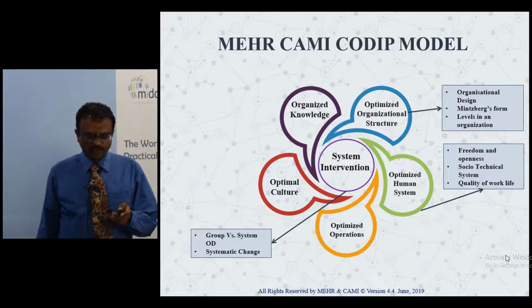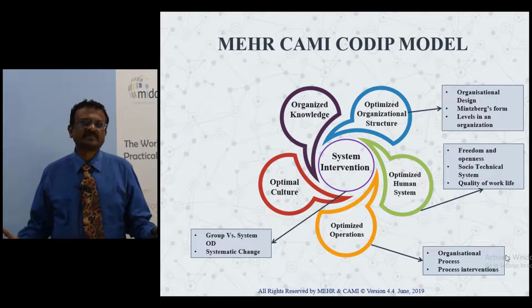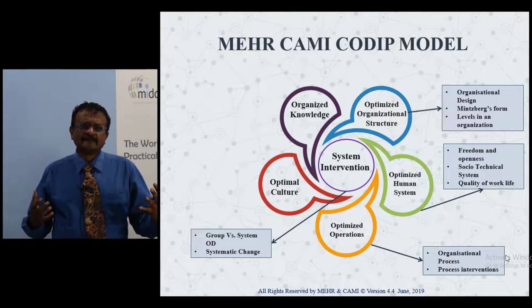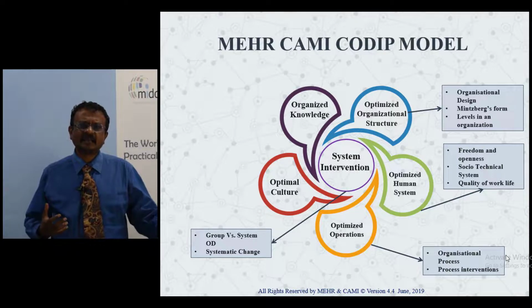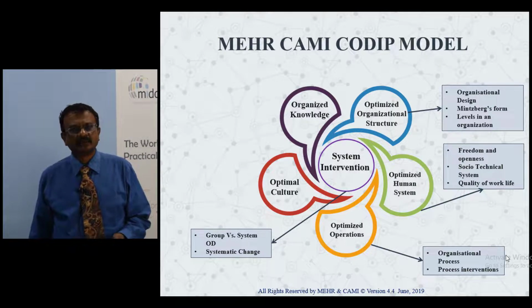The fourth module focuses on process optimization. How do you optimize your processes in a system? How do things like Six Sigma and ISO 9000 help? How do you create a process intervention around this?